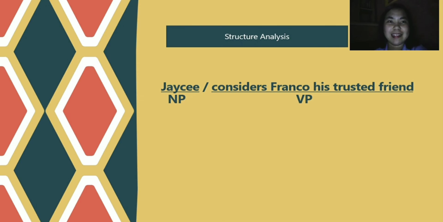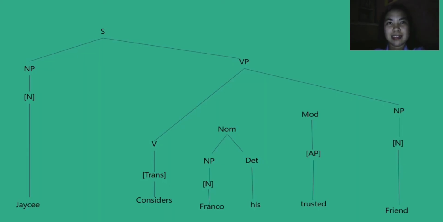And now let us analyze the structure of our sentence. Let us first dissect the verb phrase. "Considers" is the verb and it is a transitive verb. "Franco" is a noun phrase, and "his" is a determiner. Connect them and label "nom."